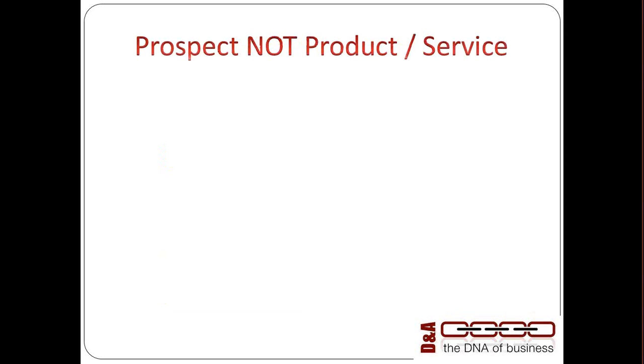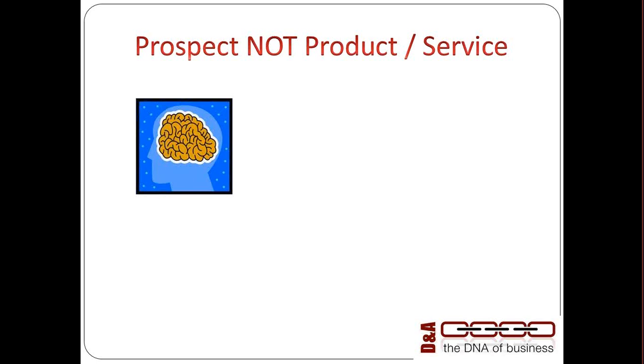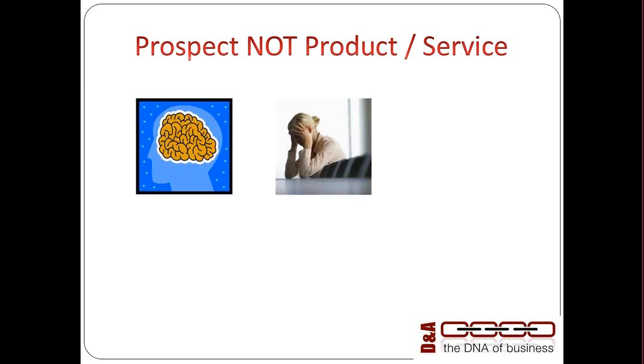And the thing is, when you're trying to think about your message and how you're going to communicate with them, it's about the prospect, not the product or service, and not what you would want. So the first thing to think about is: think prospect. Get inside your prospect's head. That's a picture of a brain, just in case you were wondering. Understand what their day's like.